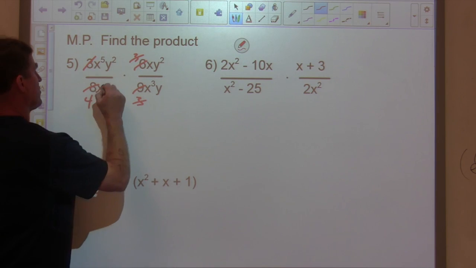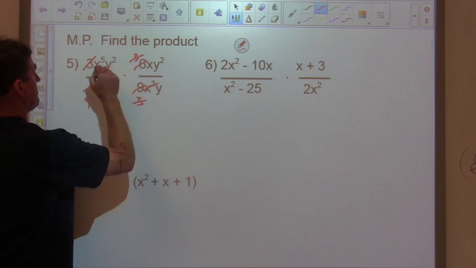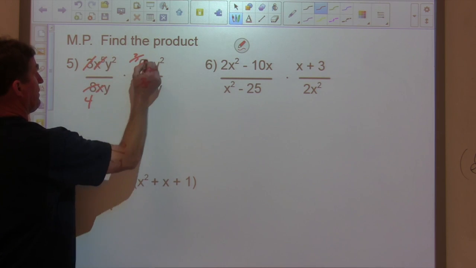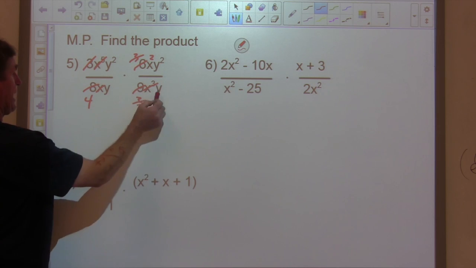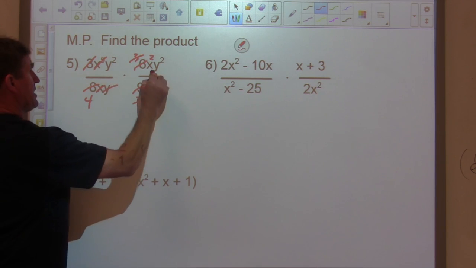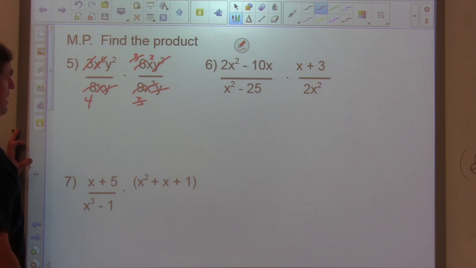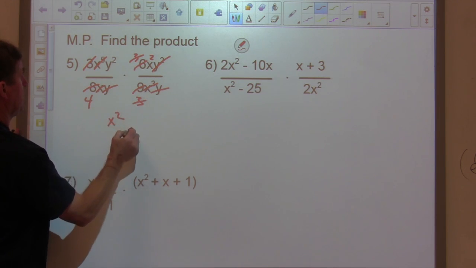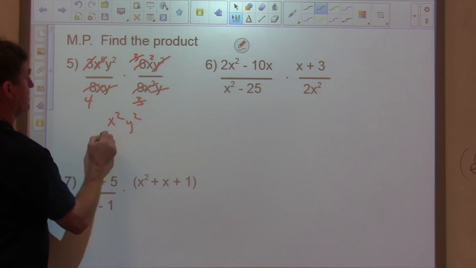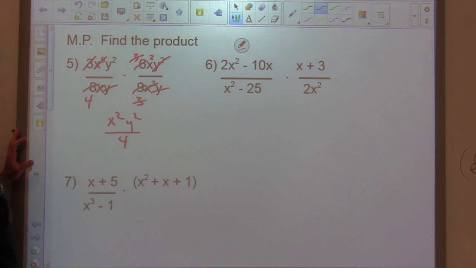That's going to cancel all the x's on the bottom and leave me with 2 left on top, x squared. Then I have 4 y's on the top and 2 y's on the bottom, so 2 of these cancel 2 of those. And so I'm left on top with x squared y squared, over 4. So that's what you should have gotten for that one.